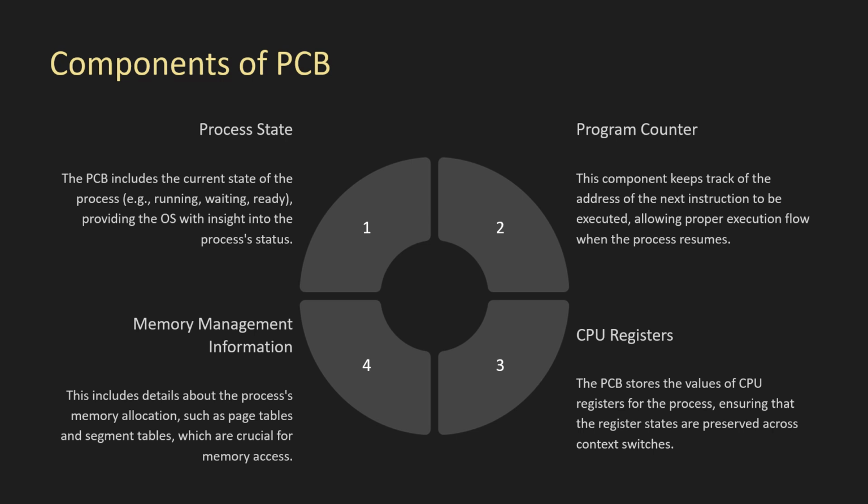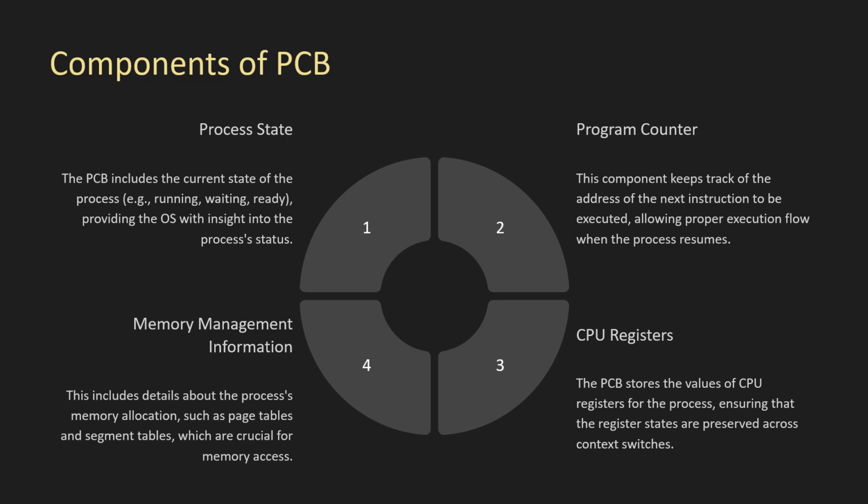Number four, memory management information. This includes details about the process's memory allocation, such as page tables and segment tables, which are crucial for memory access.